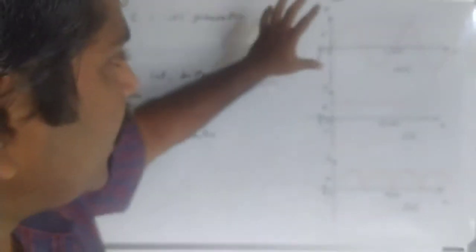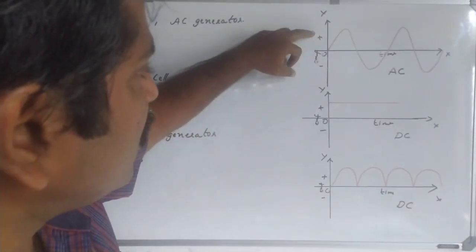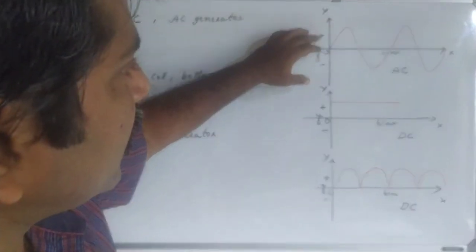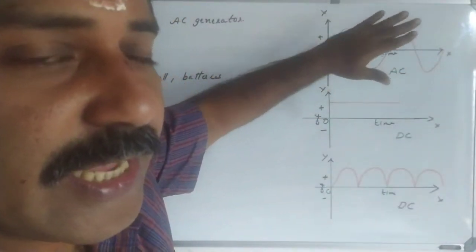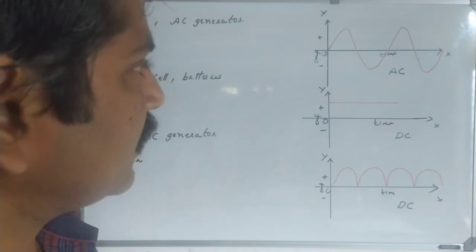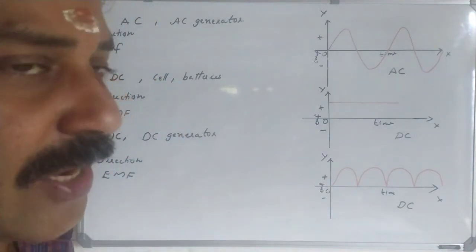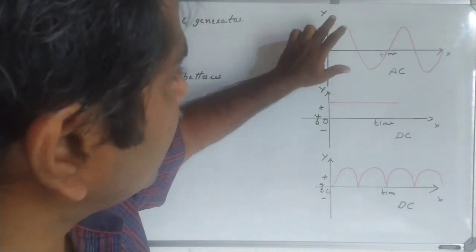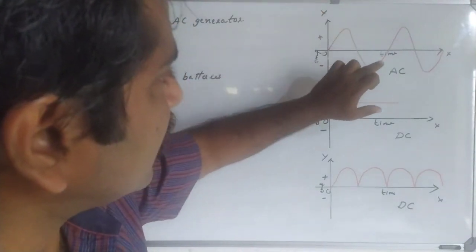When you go through AC, it has a positive part and a negative part. That means the direction of AC is continuously changing. Then what about EMF? Its EMF is also increasing and decreasing.